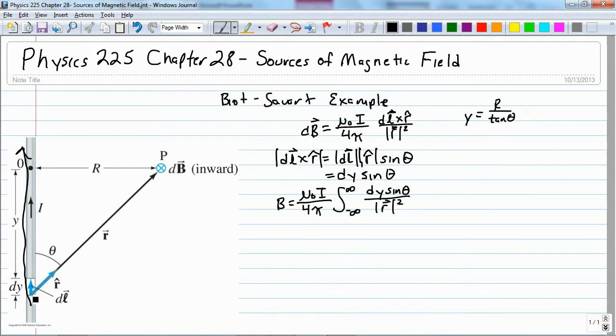So y is just this distance that we're looking at from that differential length to the perpendicular. And if I take dy d theta, that's just going to be equal to r over sine theta squared.